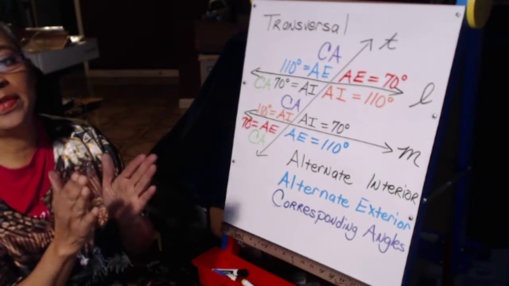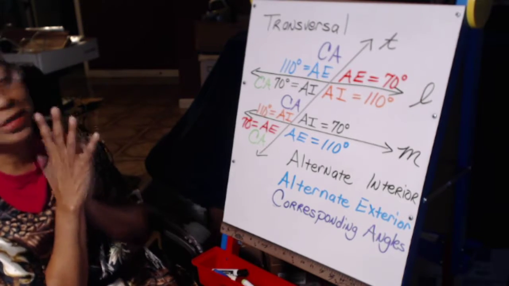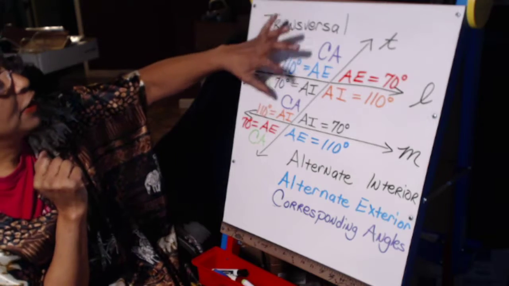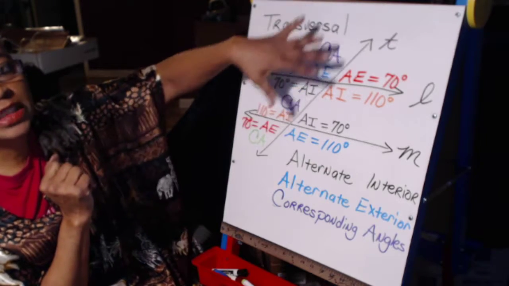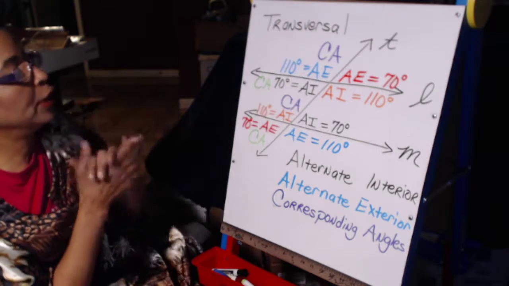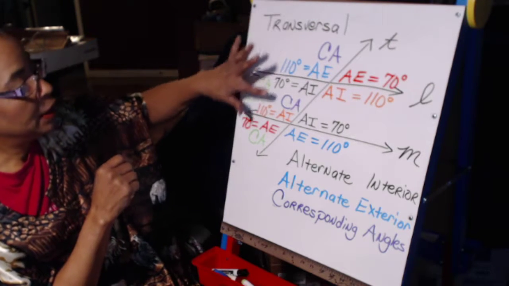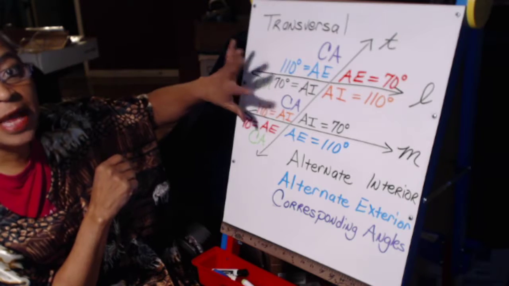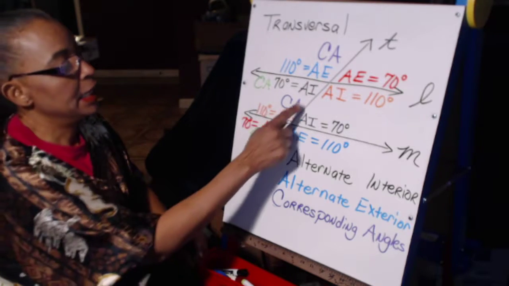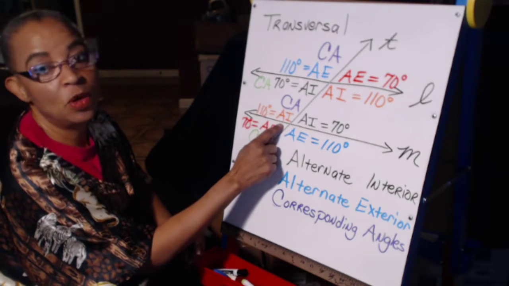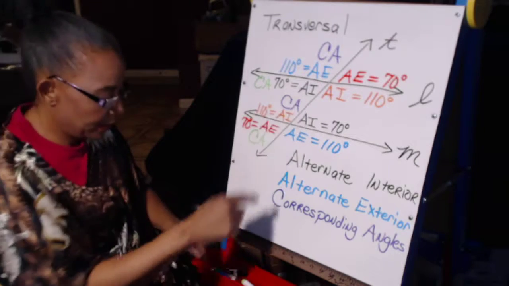Let's notice one thing with my great colors. They're on the same side of the transversal, which cuts the two parallel lines. One is in the exterior, the other one is in the interior, and they are not adjacent. It's not here, it's with this orange. It's not with the black.